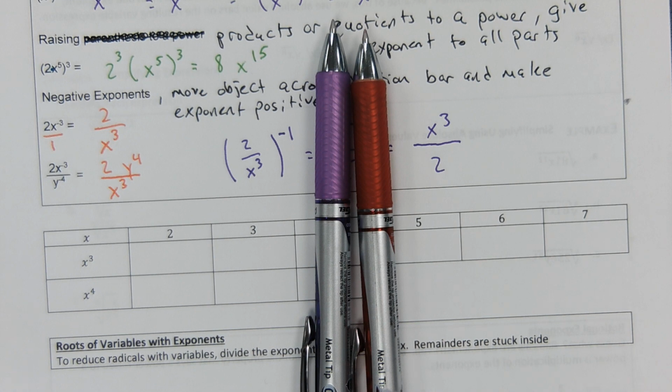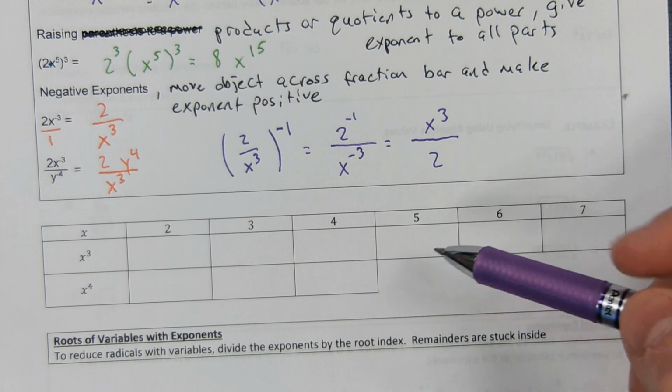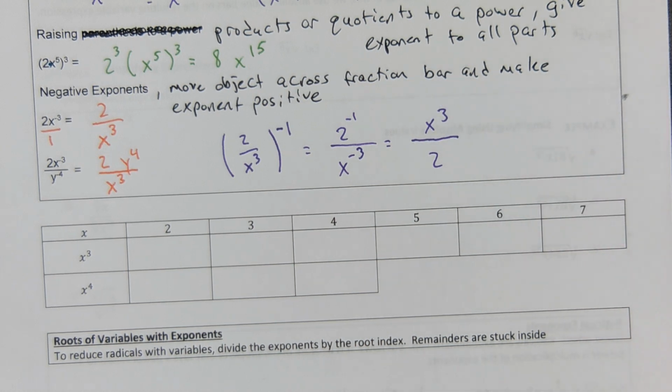Because yes, if you have a fraction, a quotient, that the whole thing has a negative exponent, then the fraction flips over. And what happened is the outside exponent becomes positive. You can imagine this whole thing has a power of 1 now.